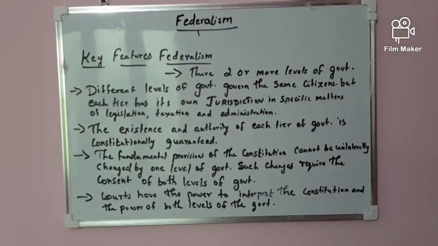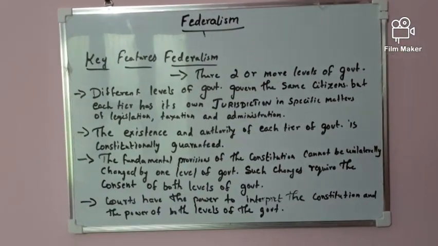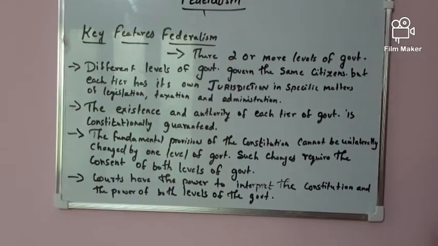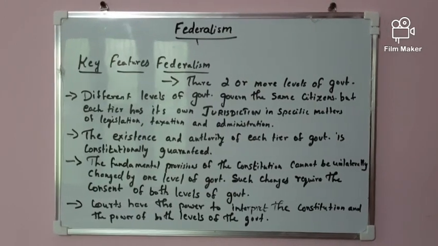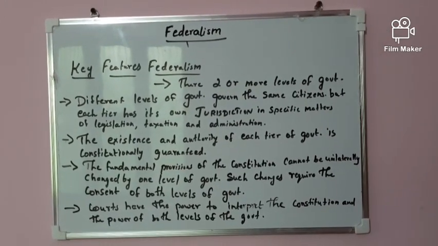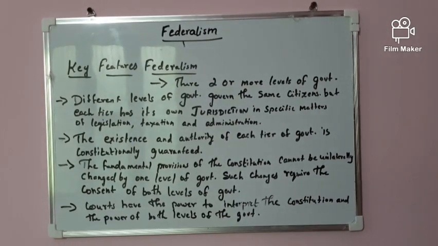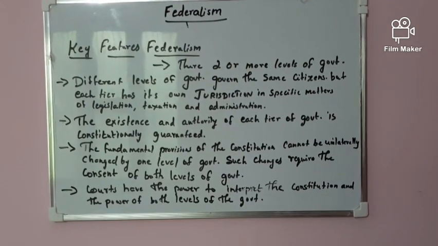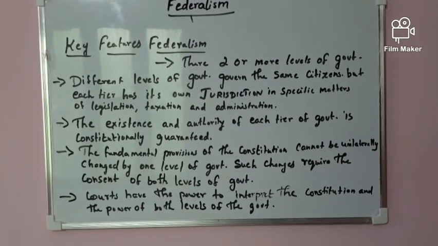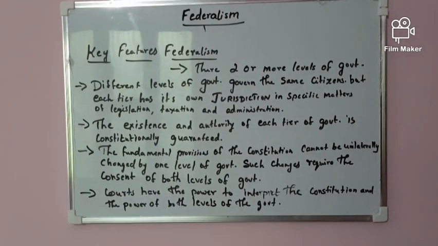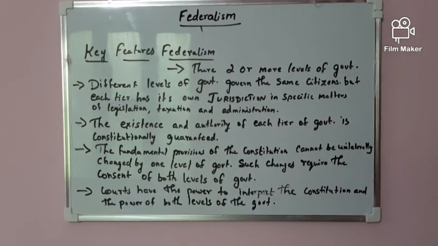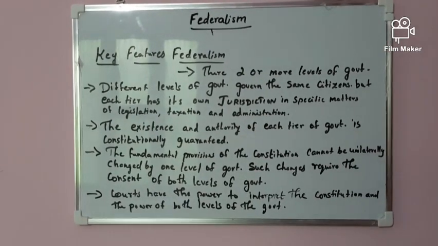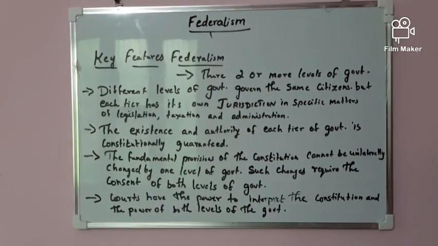Once again I repeat, the different tiers of the government govern the same citizen, but each tier has its own jurisdiction. The jurisdiction is the authority which they have the right to take decisions on specific matters, that is, legislation, taxation and administration. Now we move on towards the third feature.